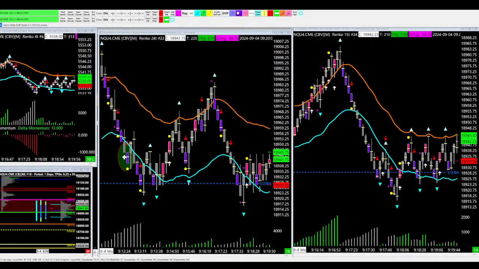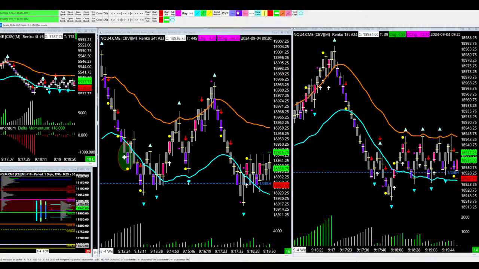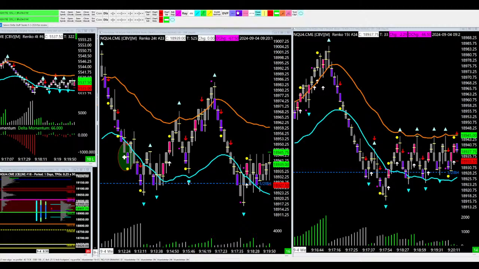And if you'll notice yesterday, after London closed, it got a lot easier on the 15 tick to make money. Really? That's some bullshit.